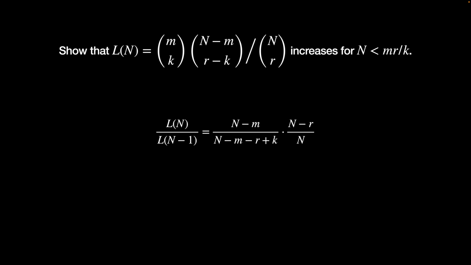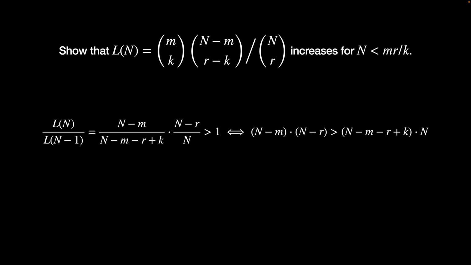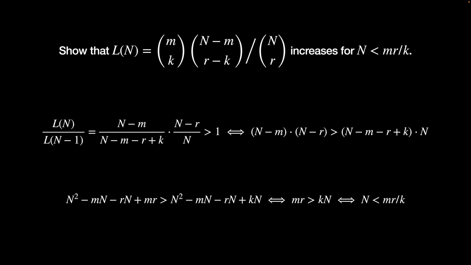So remember what I said, we need to show that this ratio is greater than 1. To do that, I can just move my bottom stuff to the right, like I'm doing here. And then I can expand, like I do here. So we have on the left-hand side n squared minus mn minus rn plus mr, greater than n squared, and so on.